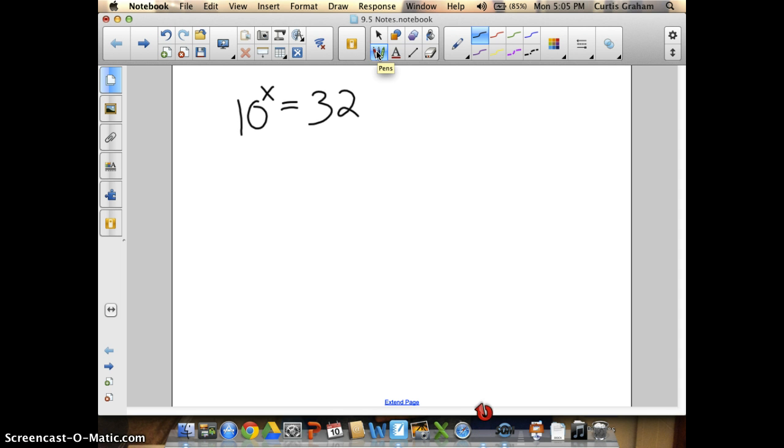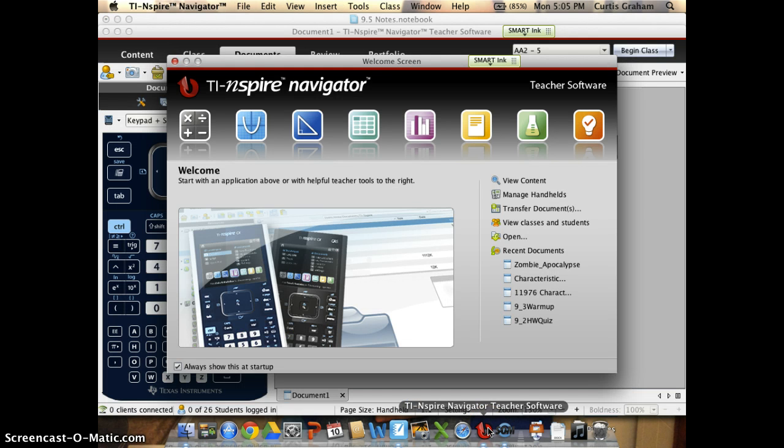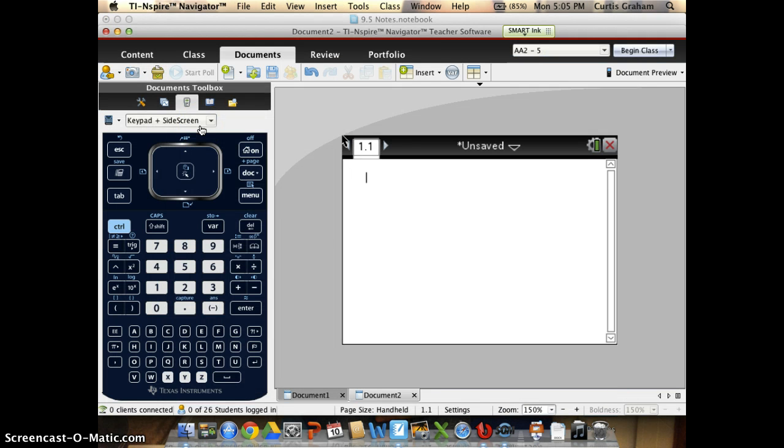We use logarithms to solve for an exponent. So x would be equal, because x is my exponent, to log base 10, and remember we don't write base 10, because base 10 is assumed on a log, of 32. That's how I would rewrite that, and I would type that into my calculator to make sure that works.